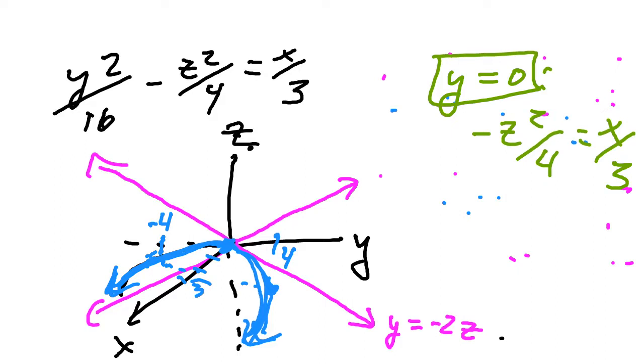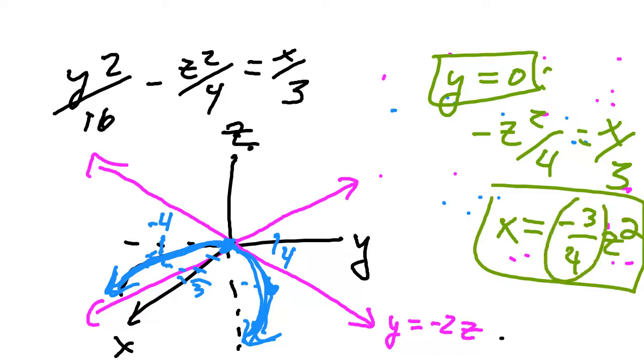So if I multiply, that's x equals minus 3/4 z squared. So once again, this is a parabola, but because this is negative, it flips. Once again, y equals x squared is up the y-axis, so this will be up the z-axis, but instead of going up, it actually goes down.